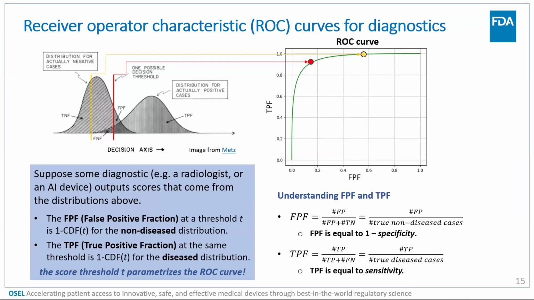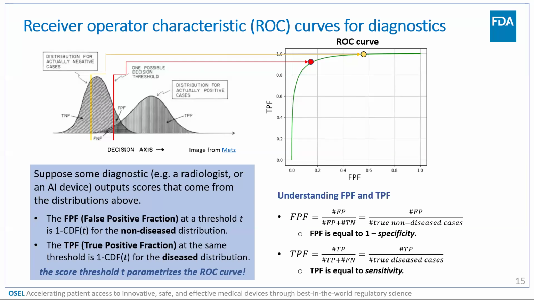But for those of you in the room who are not familiar with ROC curves, I just want to briefly go over what an ROC curve is, because this is really fundamental in diagnostics. So let's say that we have some diagnostic. This could be a radiologist, like a human radiologist, or an AI device. And we're able to model their output scores.